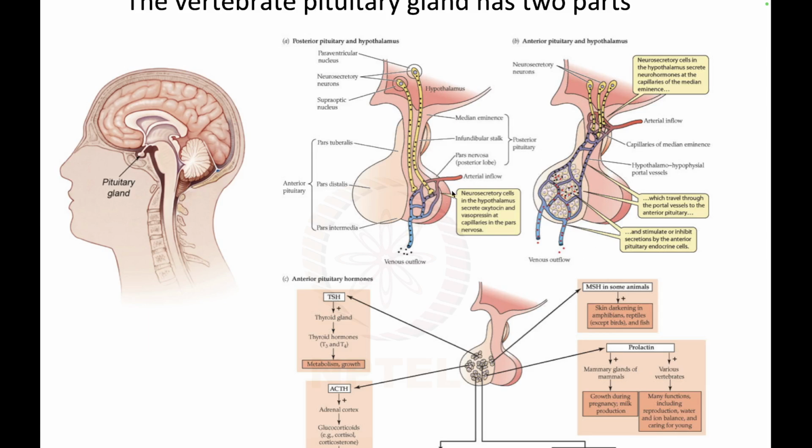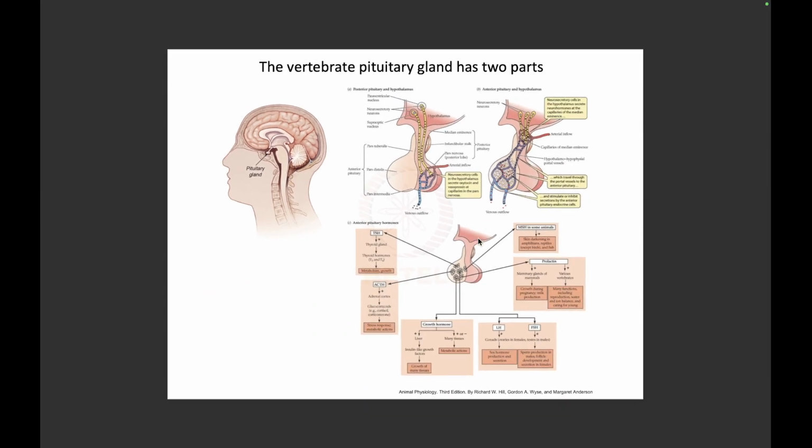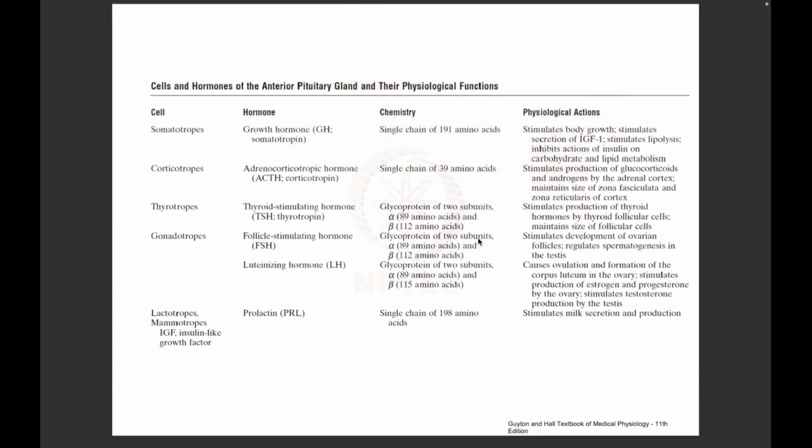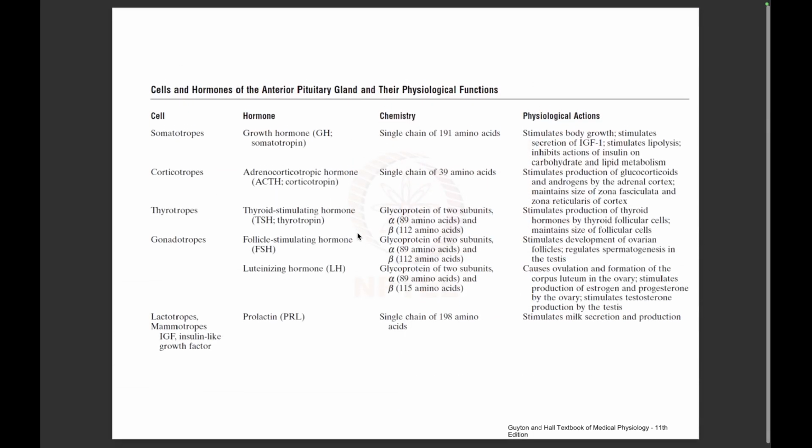And here these neurosecretory cells in the hypothalamus secrete oxytocin and vasopressin at the capillaries in the pars nervosa.